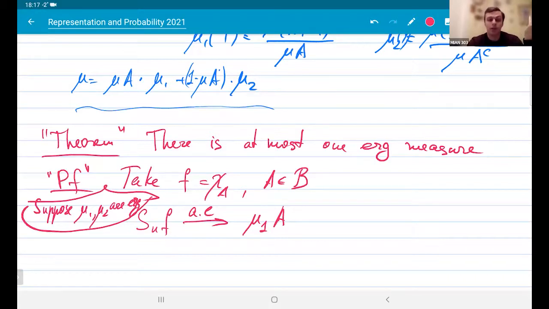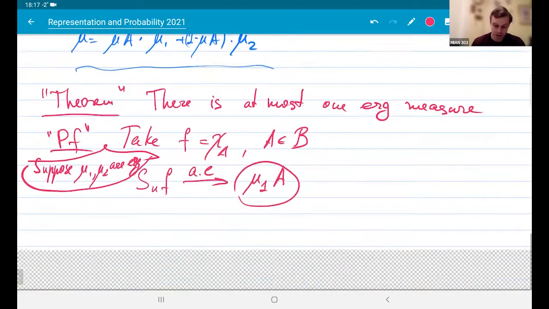So S_n of f almost surely converges to some number. But then you can find out this number because you have this almost sure convergence. Of course there is some bad set where the convergence is something different, or maybe no convergence at all. But from observing a generic point, I can find this number.